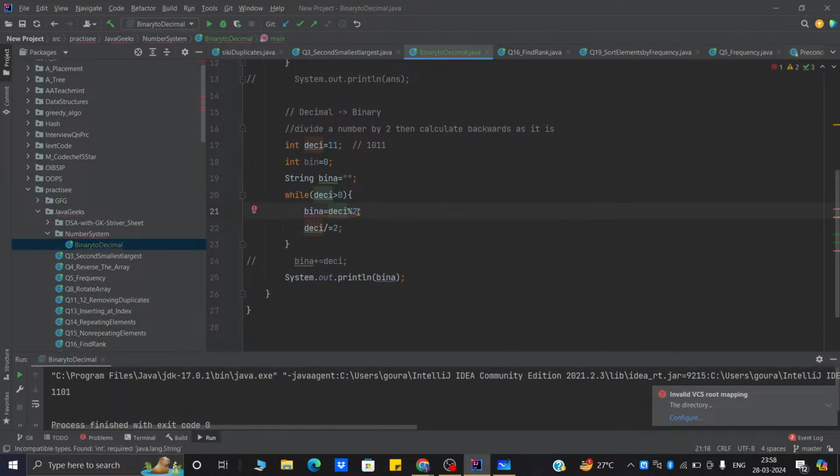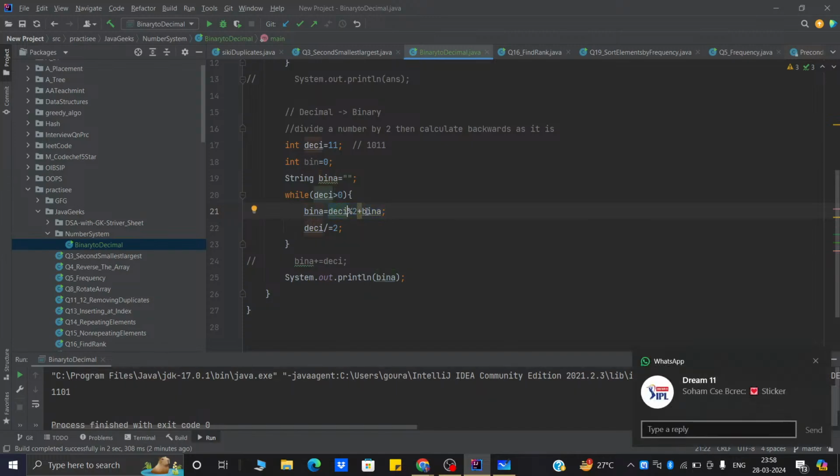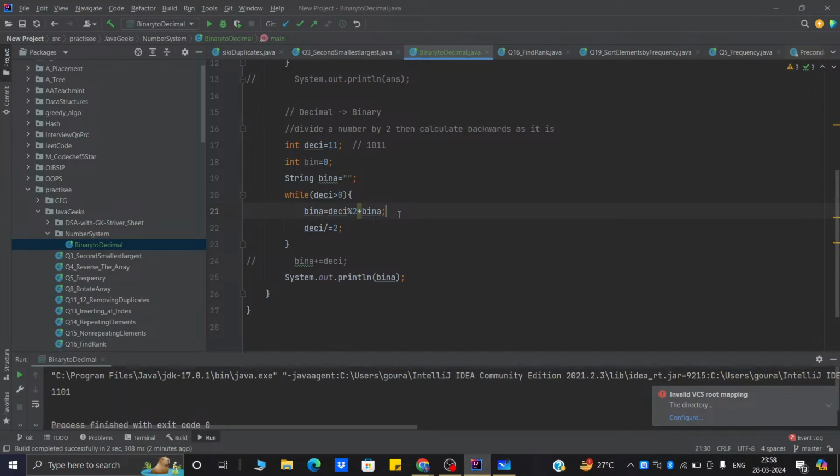We will add the number plus binary. So what is happening is, at first it is calculating the remainder, adding it, and then the previous number is added after it. Now it will work.